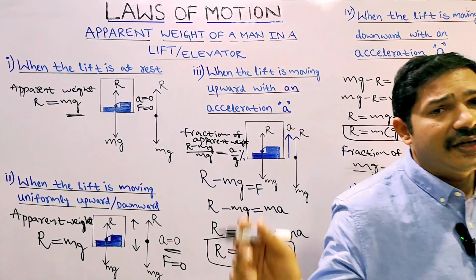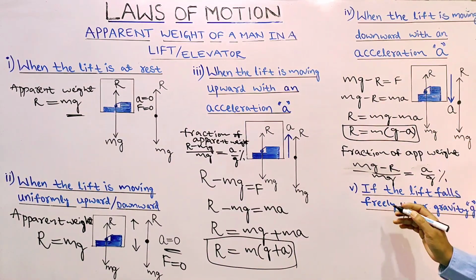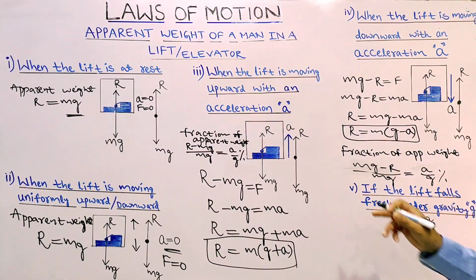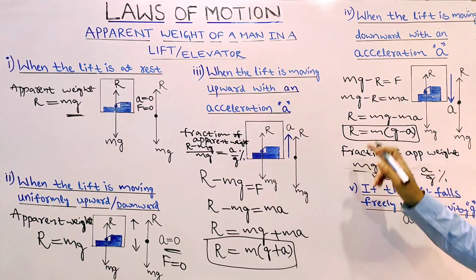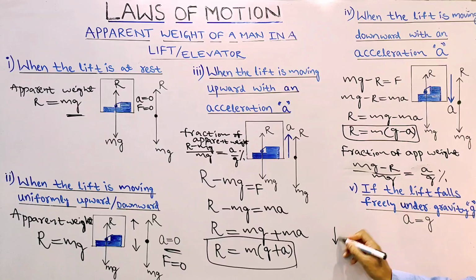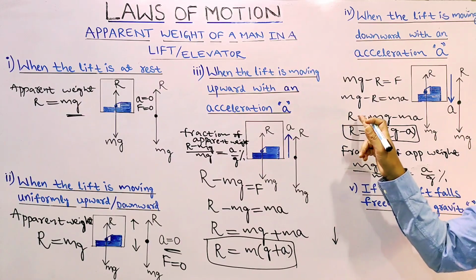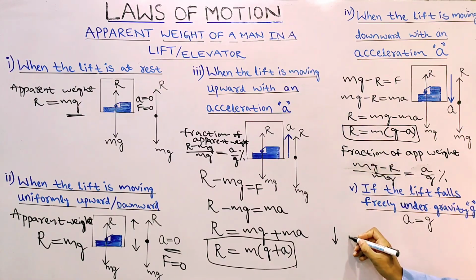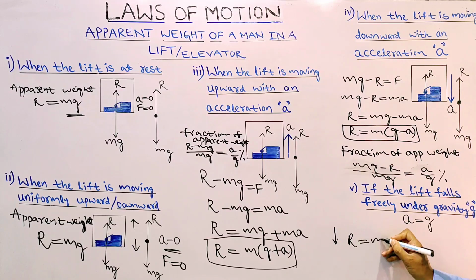The lift is falling, which means it is moving downward. When the lift is moving downward, the apparent weight formula is R equals m into g minus a.